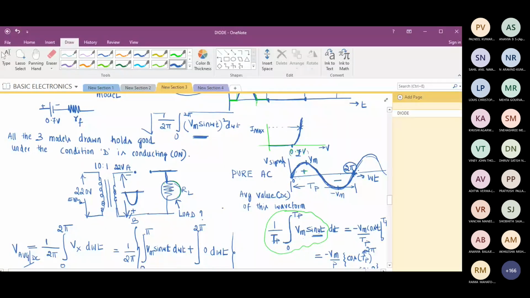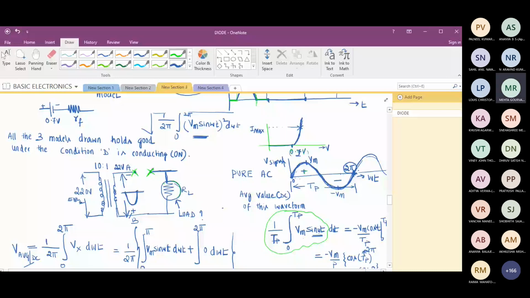So if that is the case, please focus here. Can I say the voltage across the diode, I'm marking it, I change the color of pen, is equal to the voltage across the secondary winding? Yes, sir.